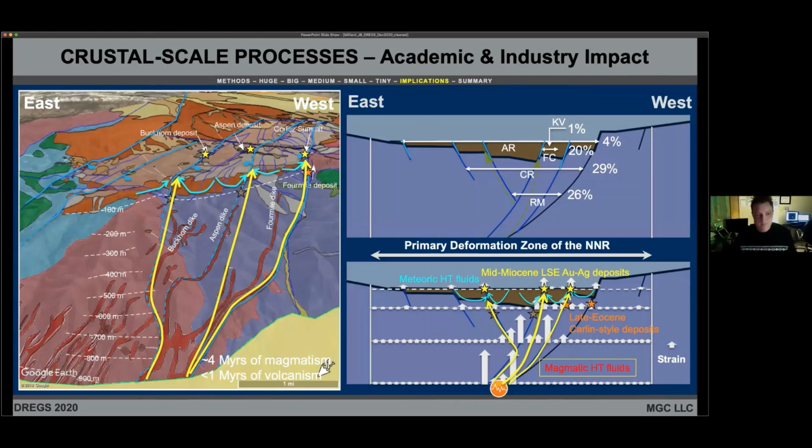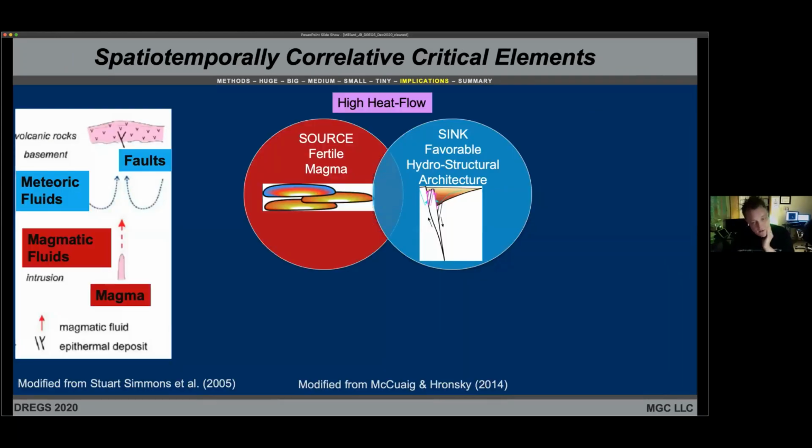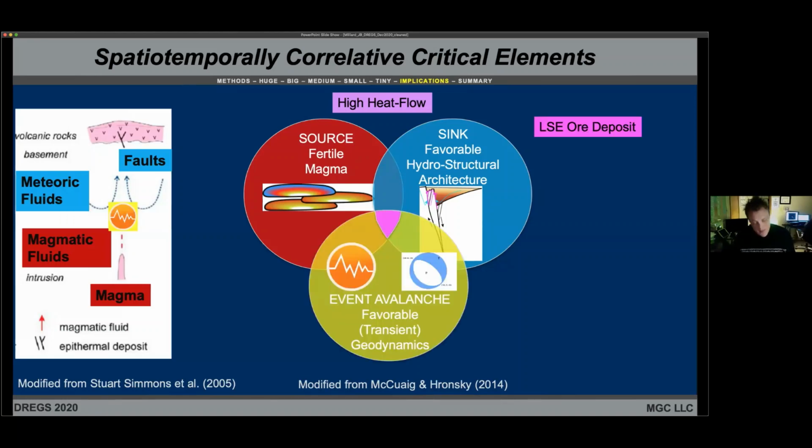So to tie it up, the project identified favorable sink environment, the structural geometries, fertile source, looking at those magmas at depth. Then the main barrier to overcome is having the event avalanches of the proper scale faults to actually allow permeability all the way through the crust.